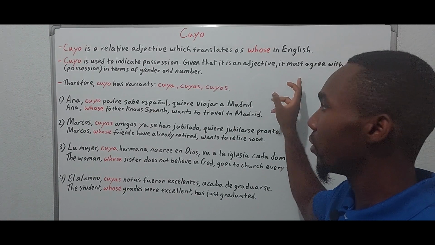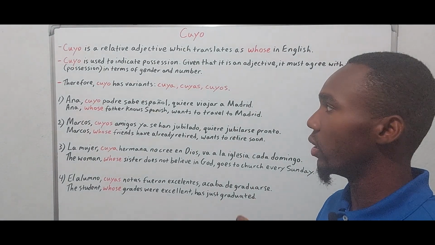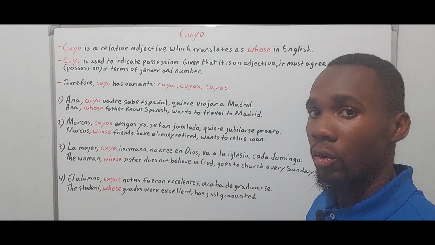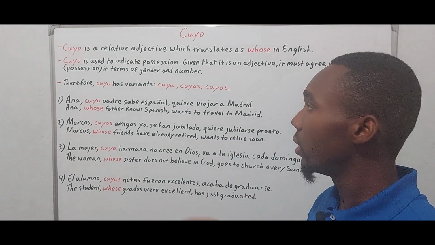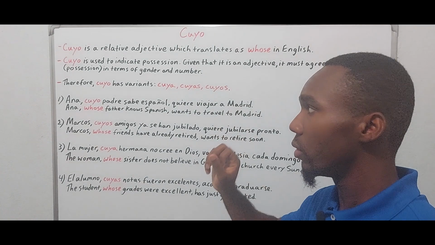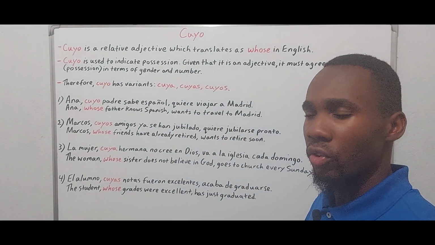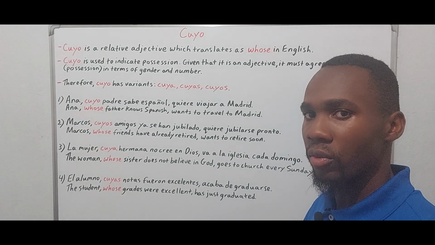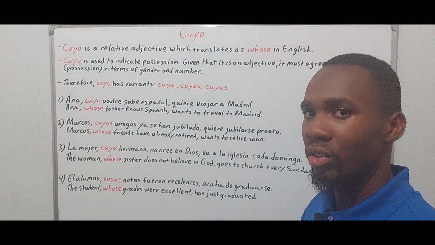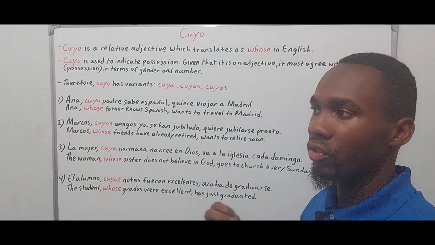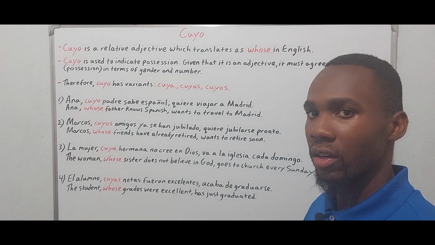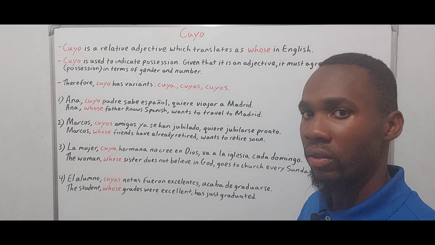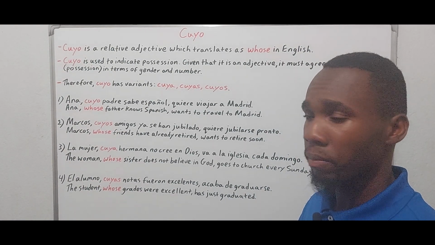So as I have here, it must agree with the noun. When we're talking about the noun, we're referring to the possession, in terms of gender and number. So with anything as relative, let's talk about relative clauses. We use a relative clause to introduce additional information about something or someone that was mentioned previously.